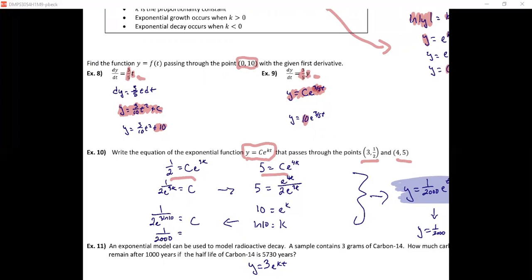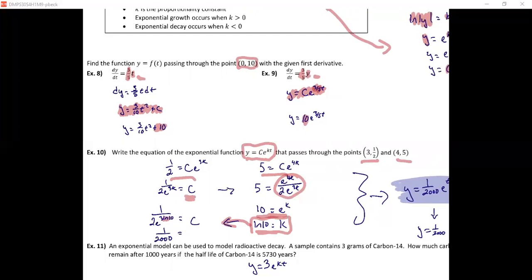I tend to solve for c on the smaller exponent, because when I do that, I get that relationship there, e to the 4k over e to the 3k, which is just e to the k, and then I multiply both sides by 2. When I did that, I can now solve for k. K is the natural log of 10, which then I go back and solve for c.